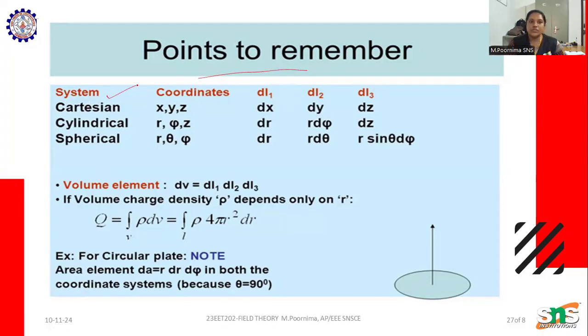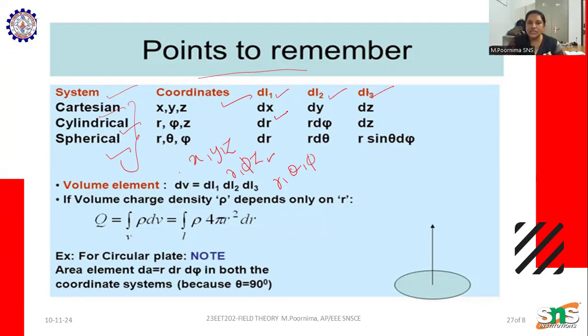We have seen three types of systems: the Cartesian system, the cylindrical system, and the spherical system. The coordinates are x, y, z for Cartesian, r, phi, z for cylindrical, and r, theta, phi for spherical.